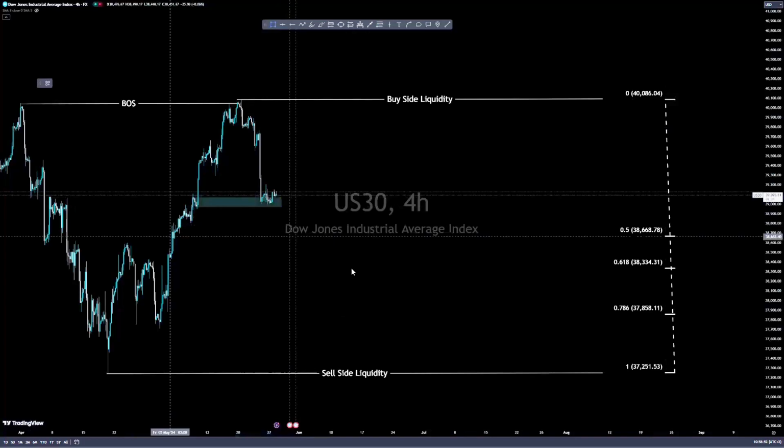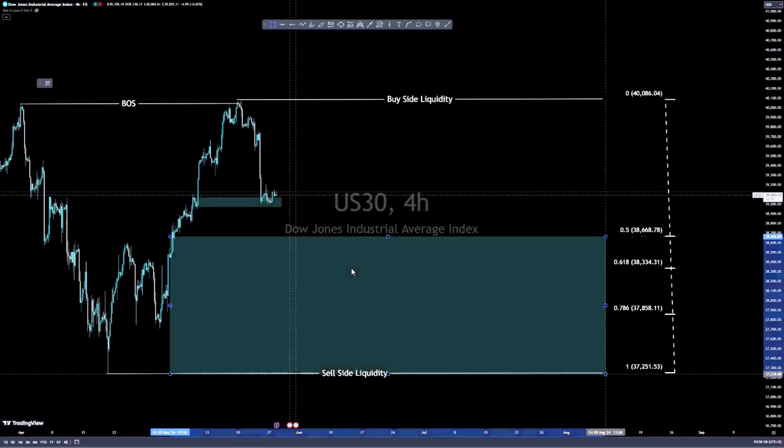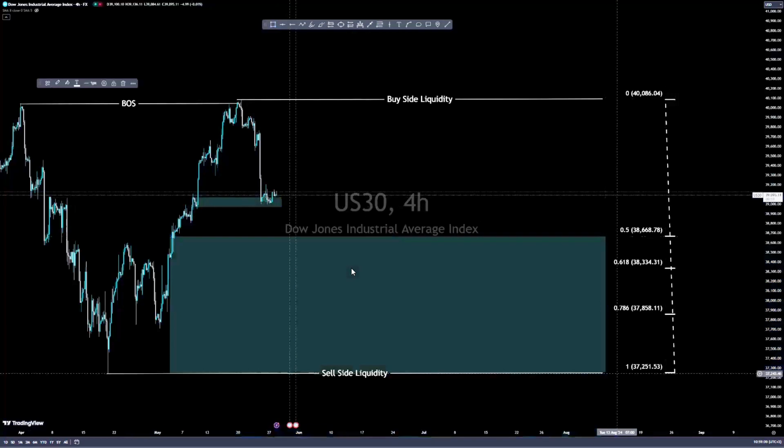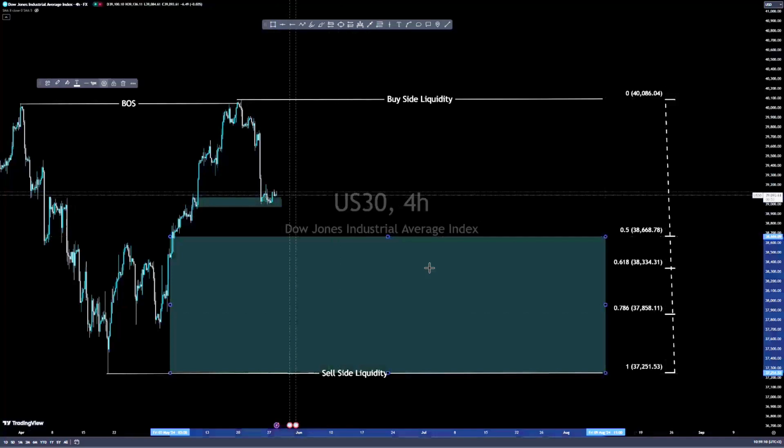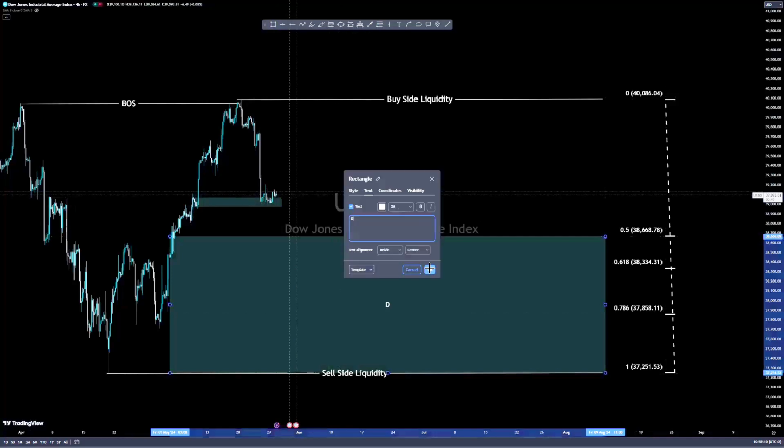But if you check here, this is where the 0.5 Fibonacci level is, to the 1 Fibonacci level. This is the discounted zone, right? Let me mark it as the discounted zone.